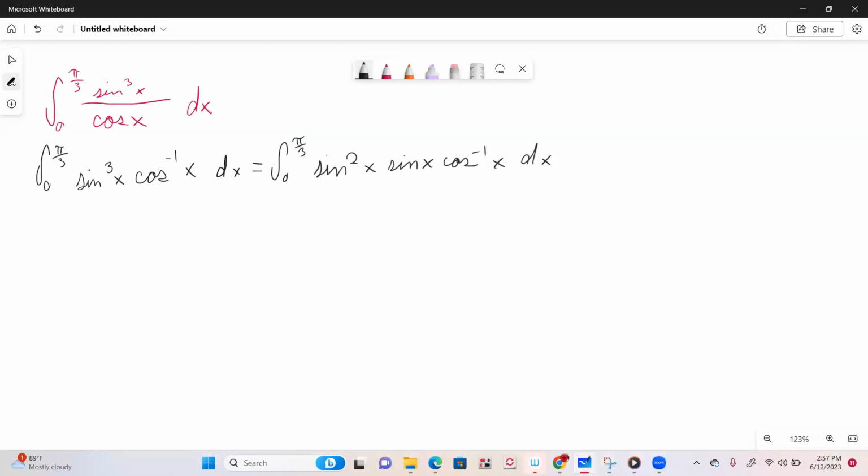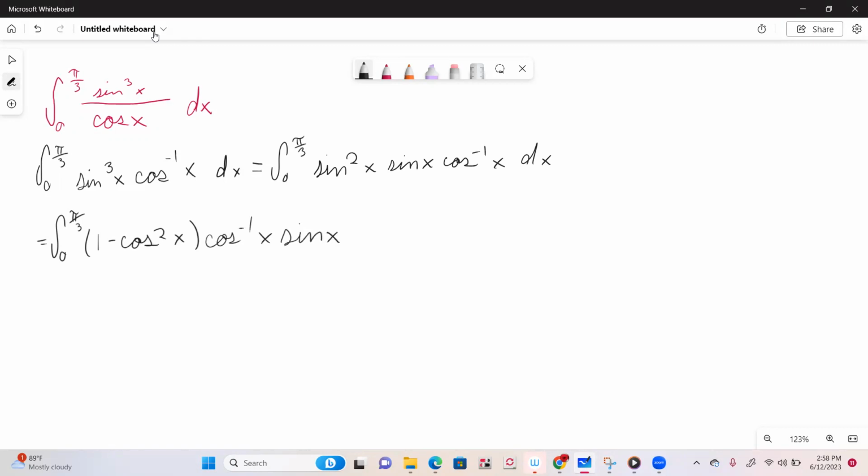Then this turns into the integral from 0 to pi over 3 of 1 minus cosine squared x times cosine to the minus 1 x sine x.